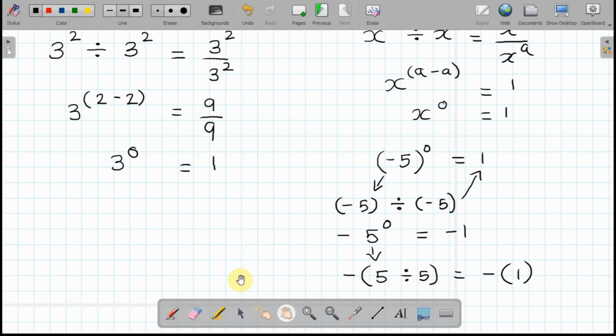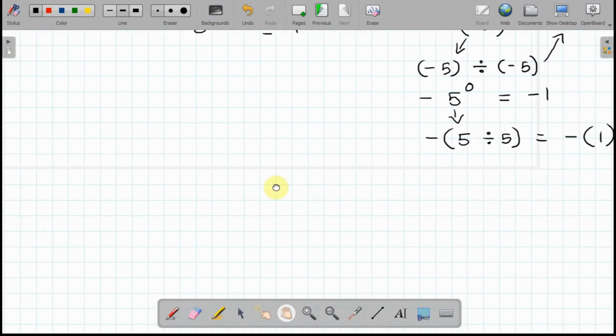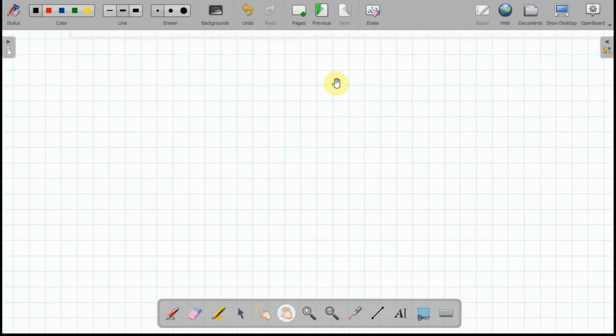Okay, now we're going to look at negative powers. So let's look at a generic example. What does x to the power minus 3 mean? Well, let's see. x to the power minus 3 would be the same as x to the power 0 minus 3.